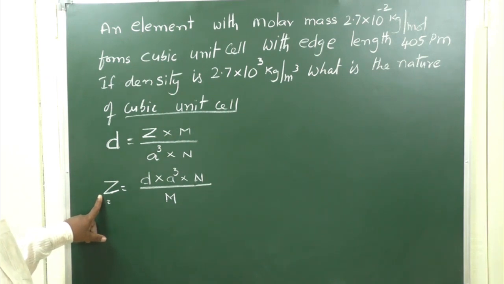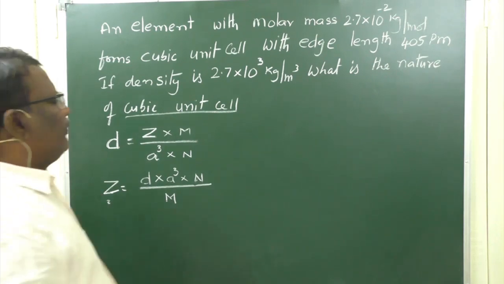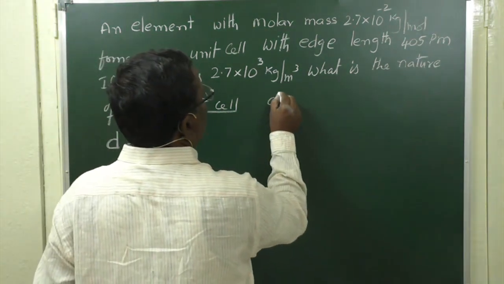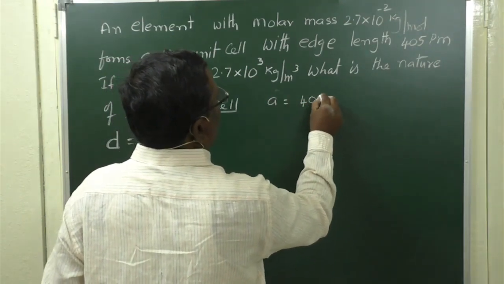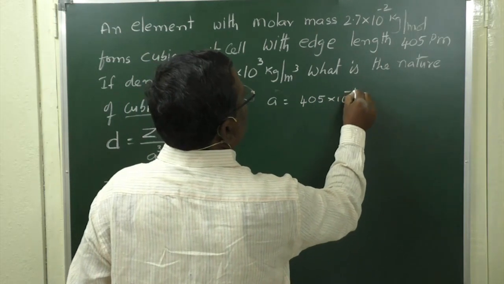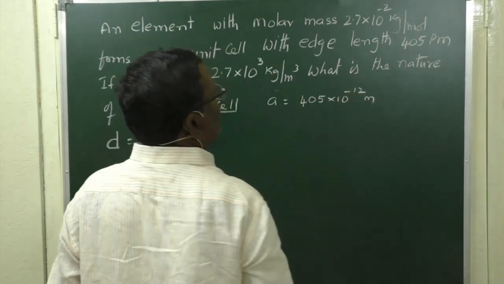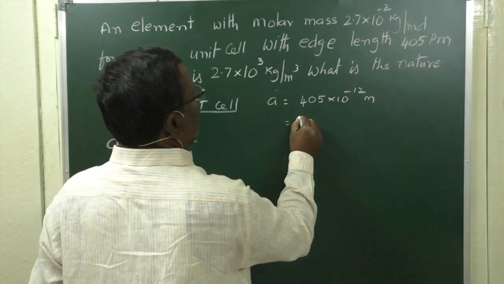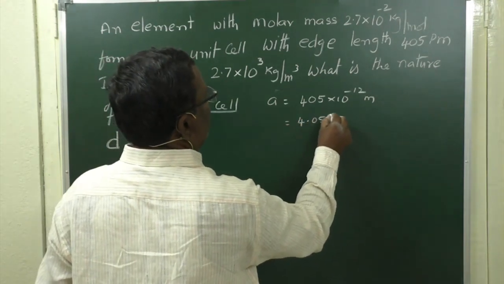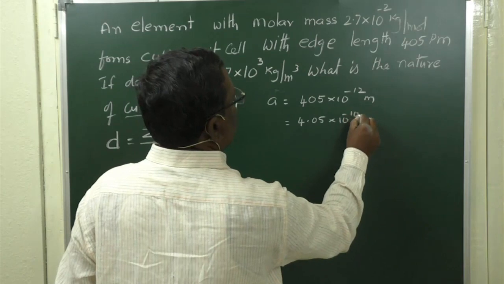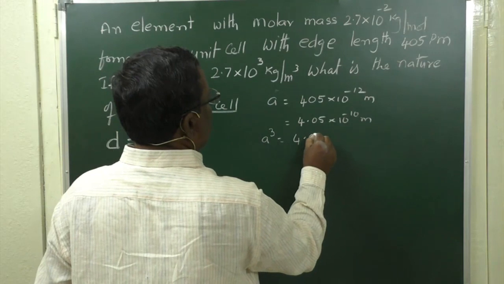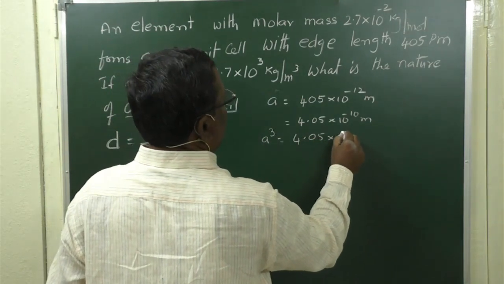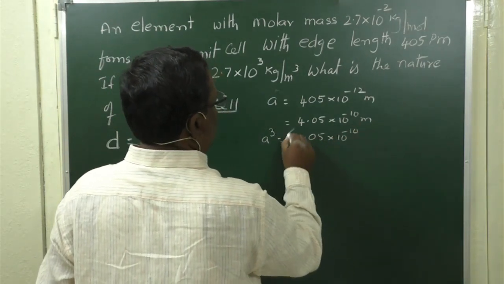So, here the volume of the unit cell, V is equal to A cube. A is equal to 405 into 10 to the power minus 12 meters. Picometer means 10 to the power minus 12, or we can write it as 4.05 into 10 to the power minus 10 meters. Therefore, A cube is equal to 4.05 into 10 to the power minus 10, whole cube.